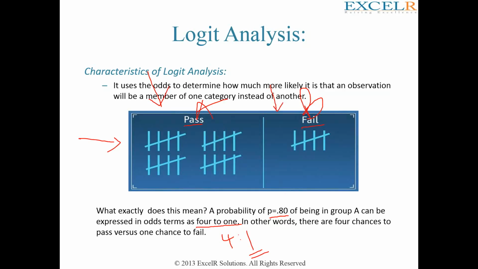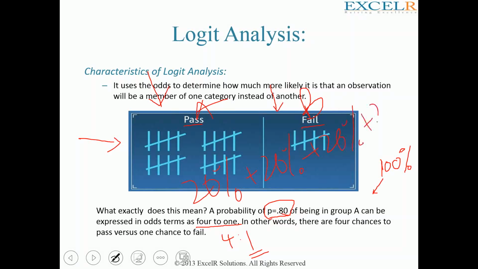What does 80% mean? 80% out of 100% would be 4 parts, right? Probability would always be 0 to 1, which is 0% to 100%. If I'm saying probability is 0.8, which is 80%, 80% is 4 parts of 100, right? So 100 can be represented as what? 20% plus 20% plus 20% plus 20% plus 20%, right?